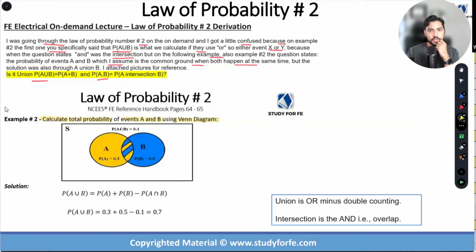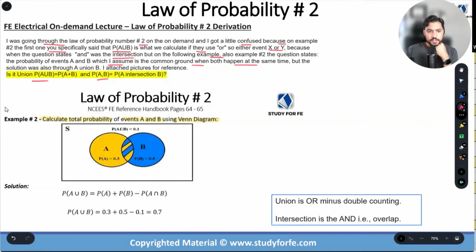Law of probability number 2 is also called as law of total probability. And what is the total probability of A and B? What is the total probability of A and B, guys? How are you going to define it? Is it A union B or A intersection B? In the reference handbook, what do we have? In the reference handbook, under property number 2, law of total probability, and the notation can be slightly different, right?